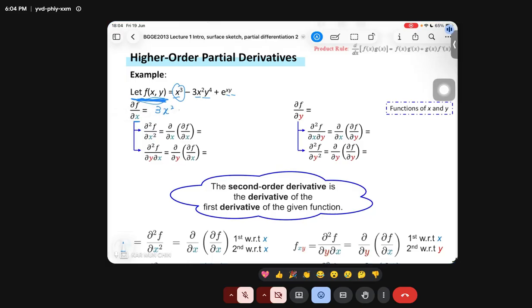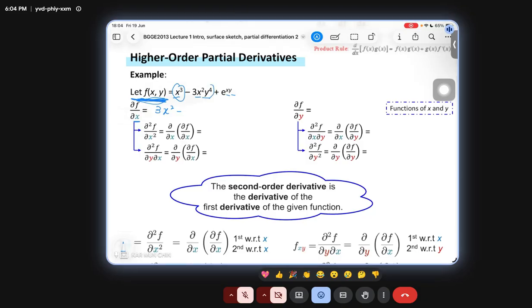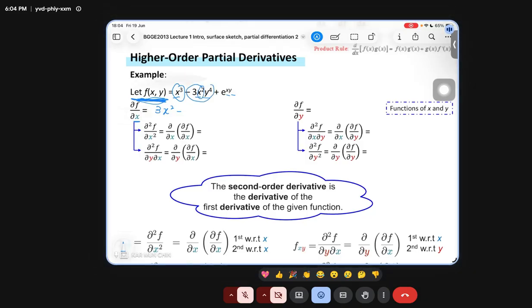Followed by the second term, you look at the x squared. When you differentiate this, x squared will become 2x, right? So 2 multiplied by 3, and the minus sign you can just copy. Then you will get 6xy to the power of 4.